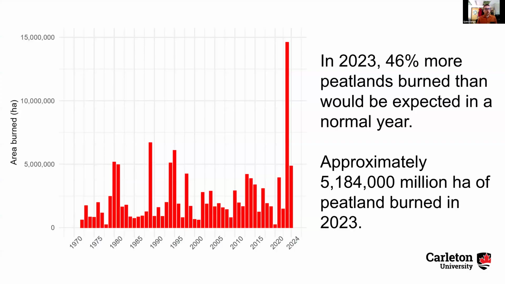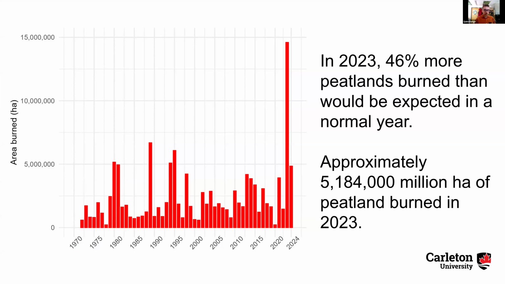Just talking a little bit more about the 2023 fires, we all remember this year, it was the worst fire year on record. And what was interesting is when you look at it from a peatland perspective, we saw 46% more peatland wildfire than would be expected in a normal year. And most of that increase came from a fourfold increase in the burn rate in poor fens.